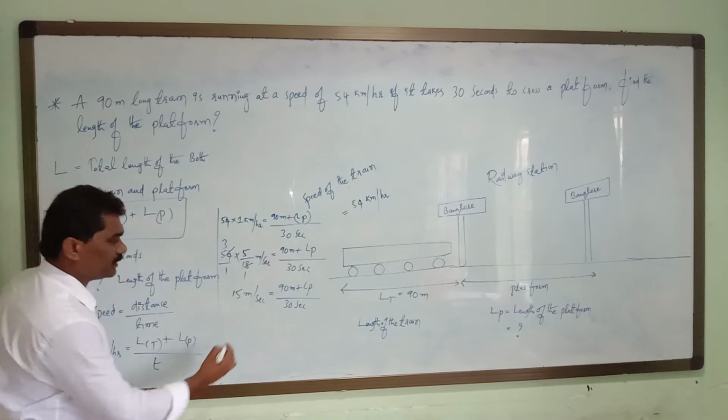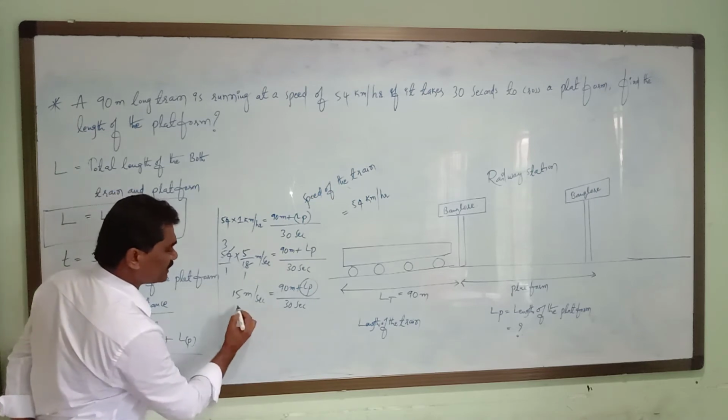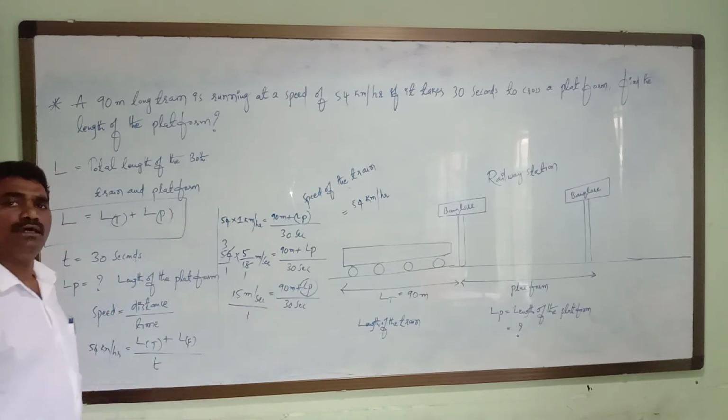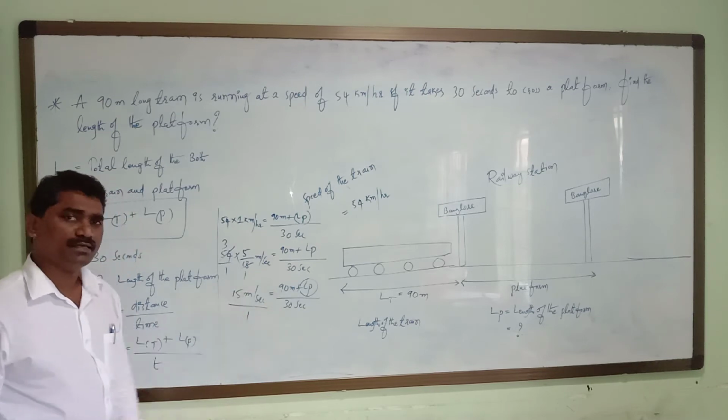Next, to calculate the length of the platform, 30 seconds is multiplied by 15 meter per second.